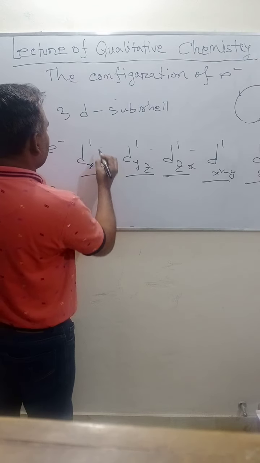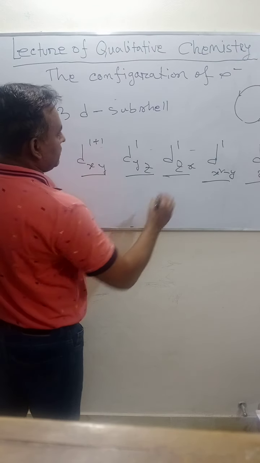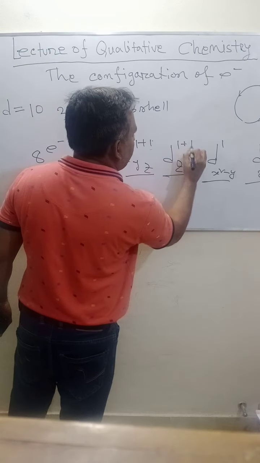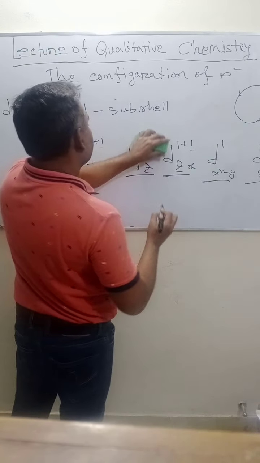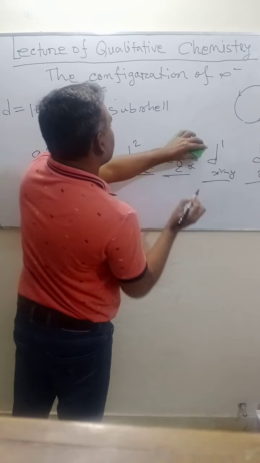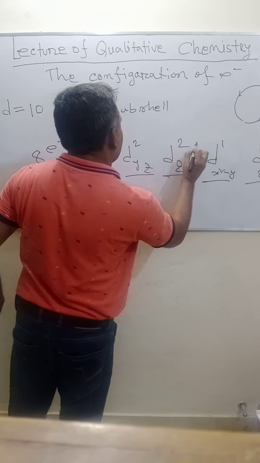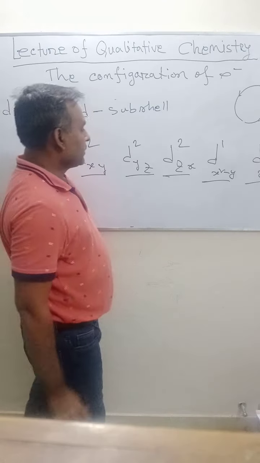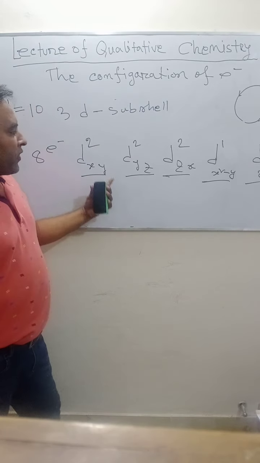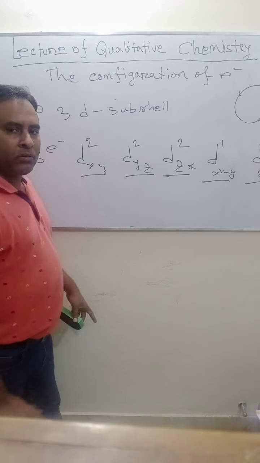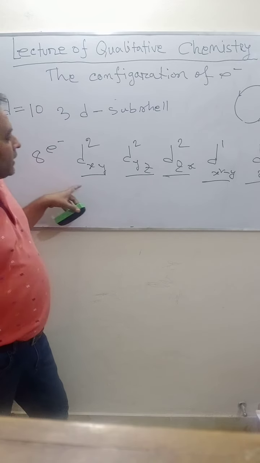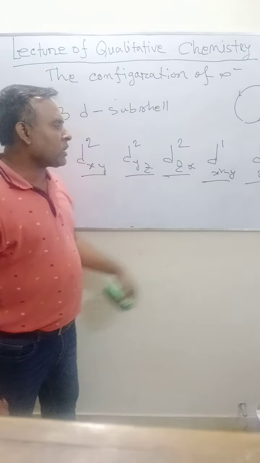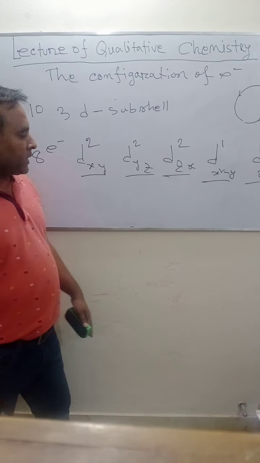So 5, then 6, 7, 8. That means dx square minus y square, dz square. Clear? This is the configuration of the electrons in d orbitals.